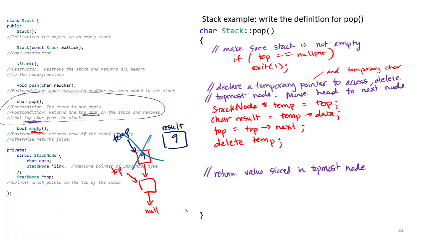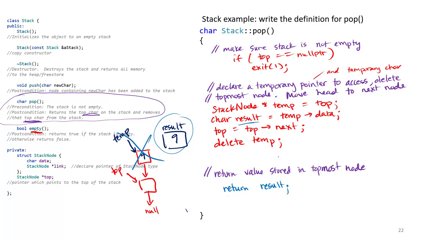So now I have deleted that node, but notice I've stored the value that I had there in my variable result. So now all that I need to do is return that char value result where I had saved my data.